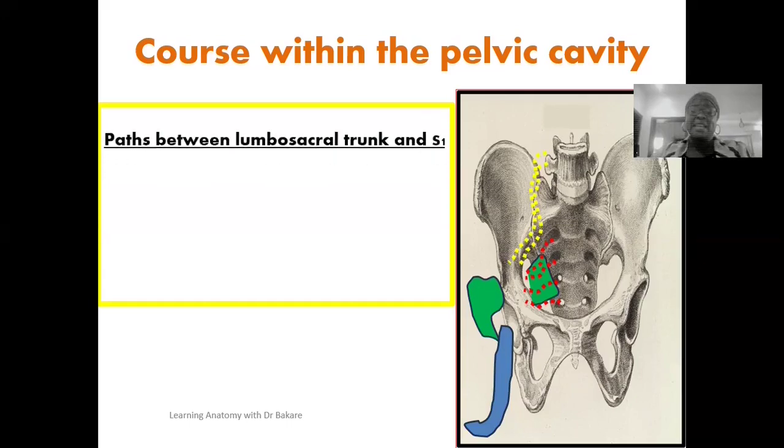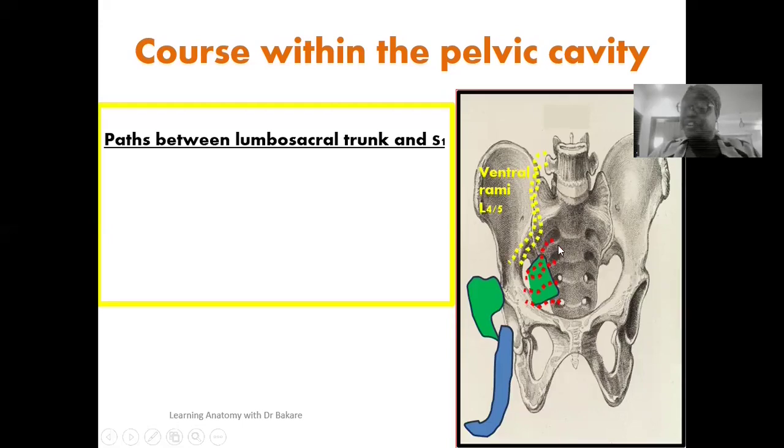So upon its emergence, it is directed posteriorly. So if you try to use this image to illustrate how it runs within the pelvic cavity, this is where we have the lumbosacral trunk here, highlighted in yellow. The lumbosacral trunk is the anterior rami or the ventral rami of L4 and L5 nerve, and this is what is highlighted here in dotted yellow.